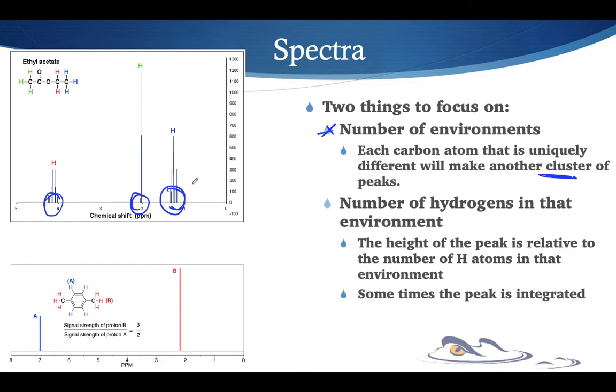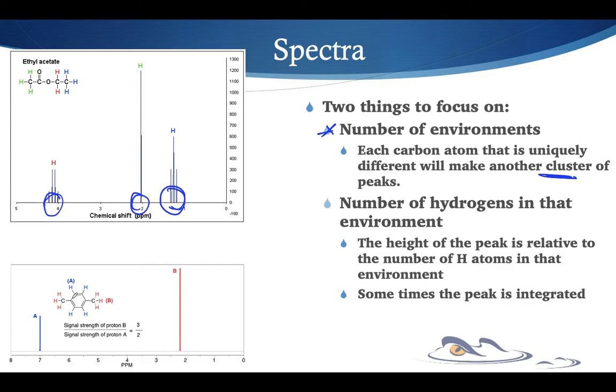So I see 1 cluster of peaks, 2 clusters of peaks, 3 clusters of peaks. Each cluster of peaks is another environment. This is telling me that the hydrogens in this ethyl acetate are attached to carbons in 3 different settings, 3 different places, if you will. 3 very unique places within this molecule, all right? So that's the first thing I want to focus on.